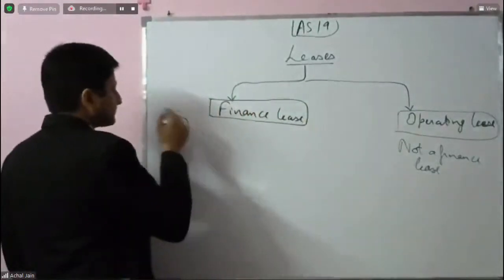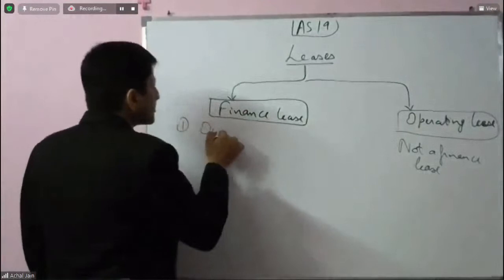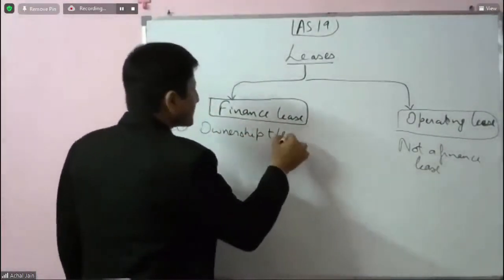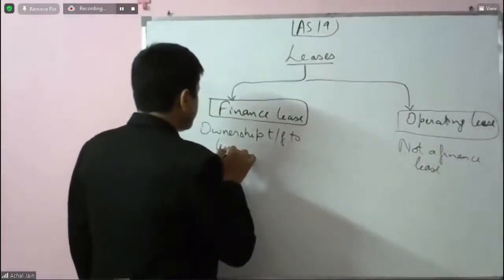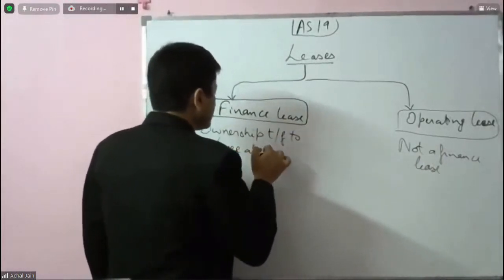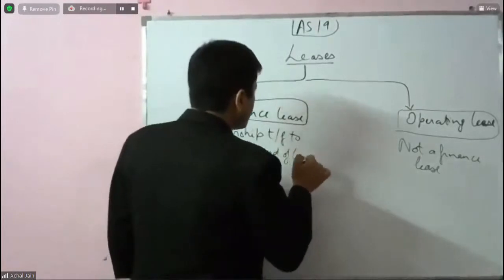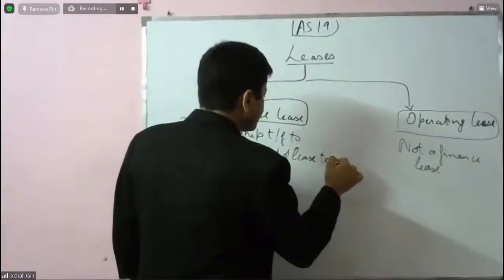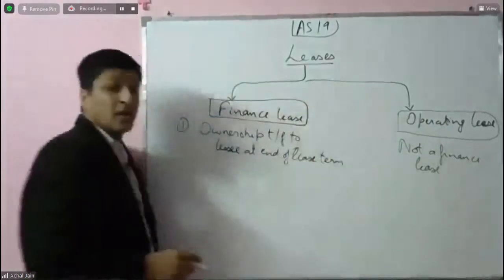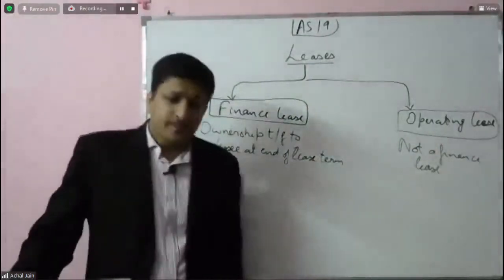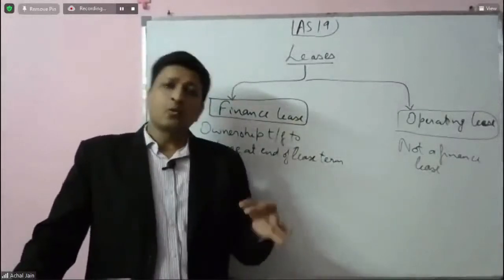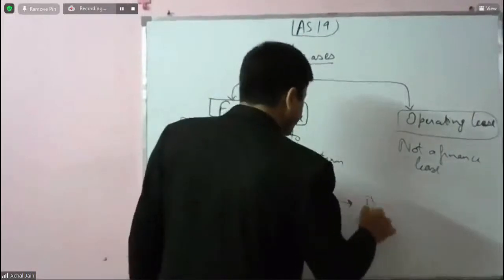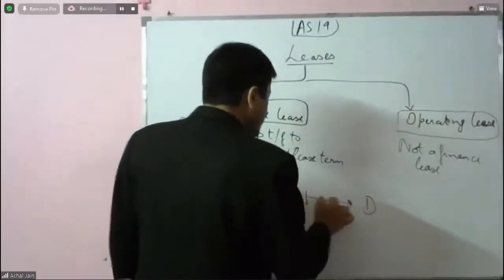First, ownership transferred to lessee at the end of lease. So what do we mean by this? Going back to our example of A to D. Arrangement is for 3 years.